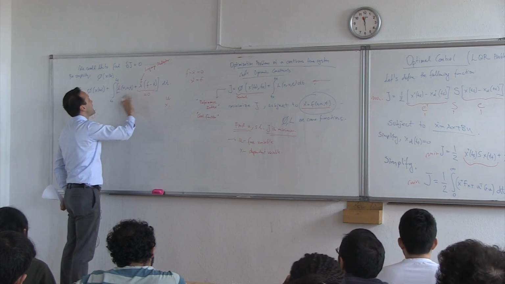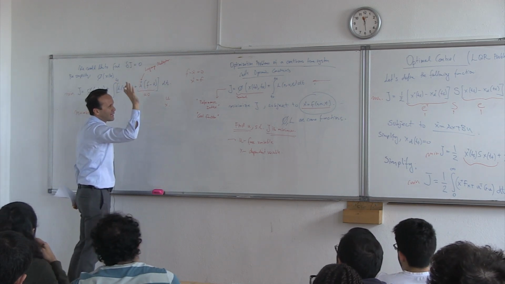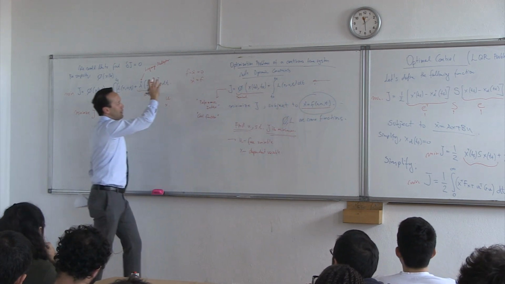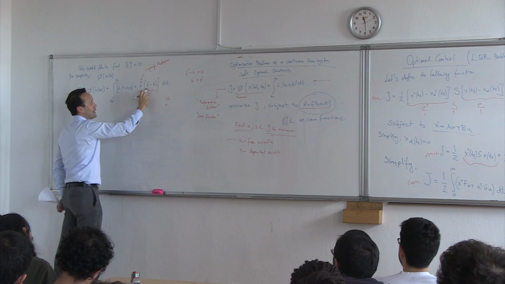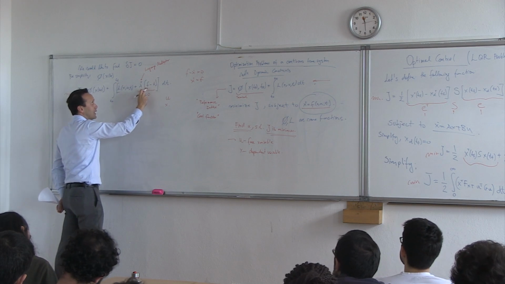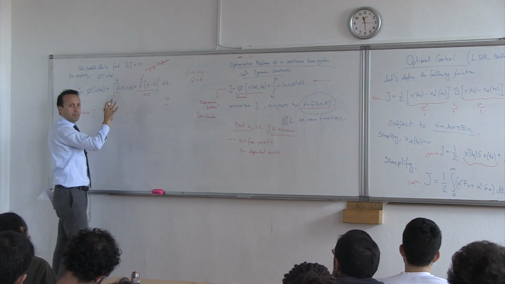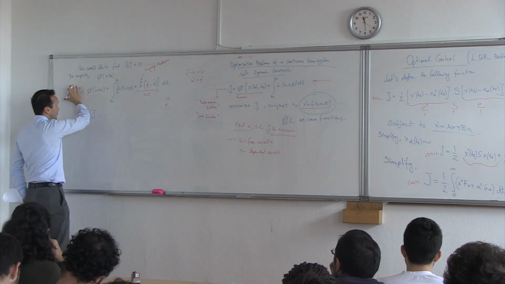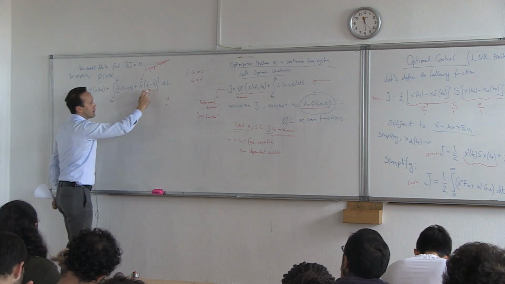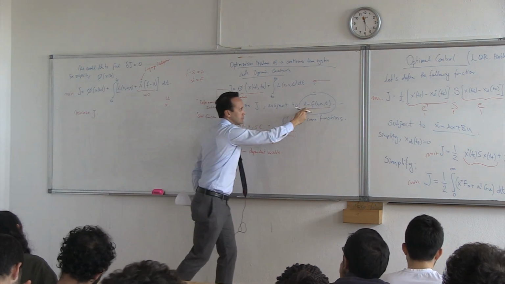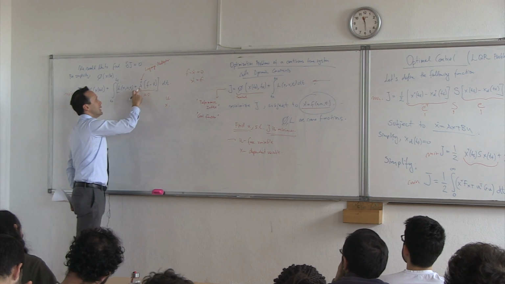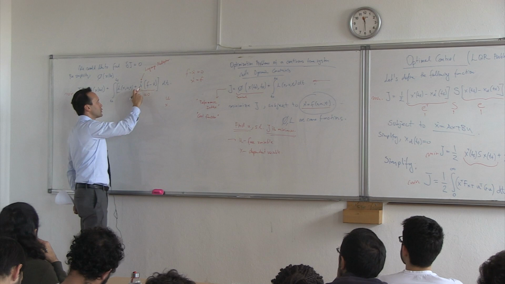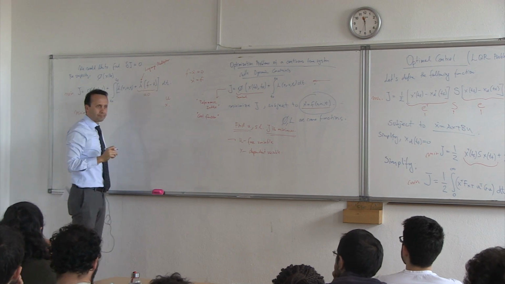So I am including this constraint into my optimization problem by adding a 0 to the actual problem. That way I include this constraint in my problem. And this is what we call a Lagrange multiplier, which is just a multiplier to this.